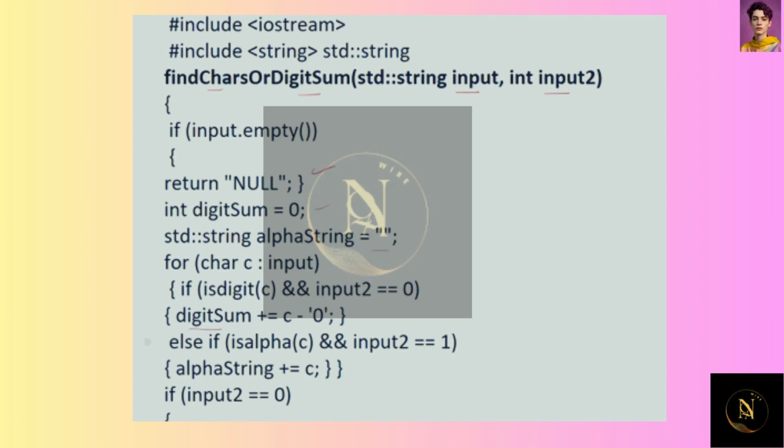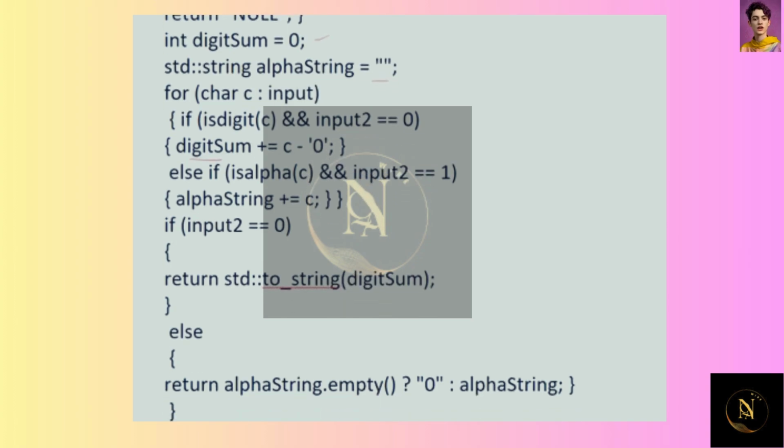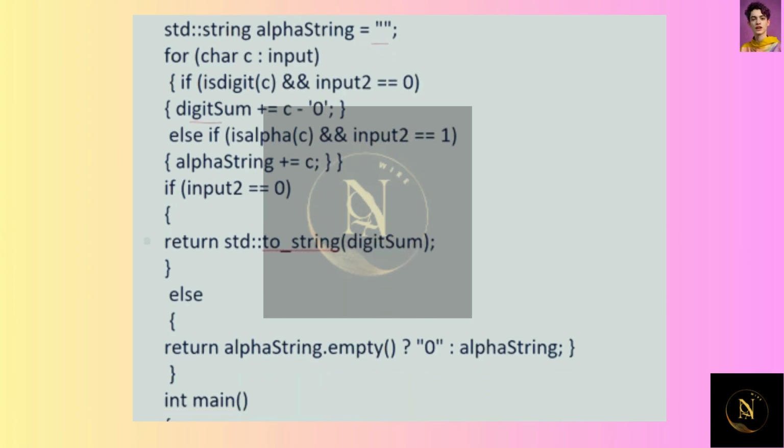Else if isalpha(c) and input 2 is 1, then the letter will be appended to the alpha string. This is done by an else if case. Finally, if input 2 is 0 then return digit sum, else return the alpha string. In this way the program will work.